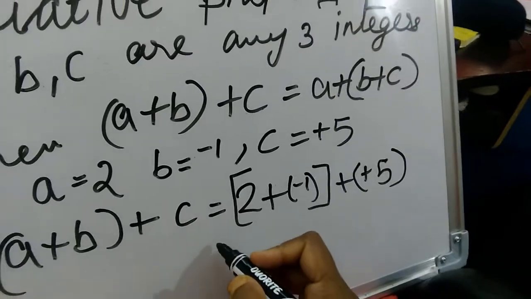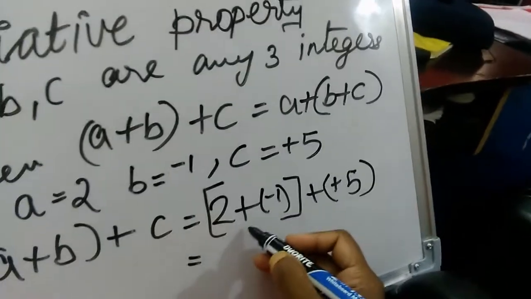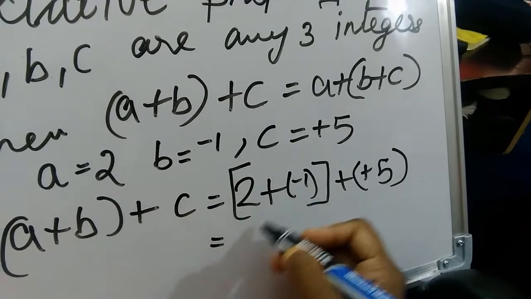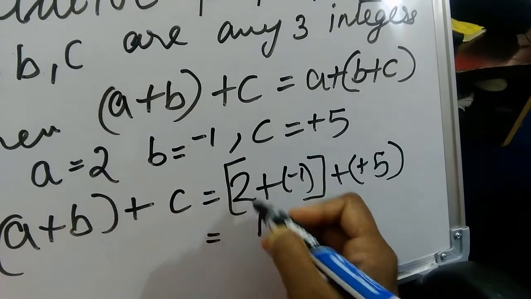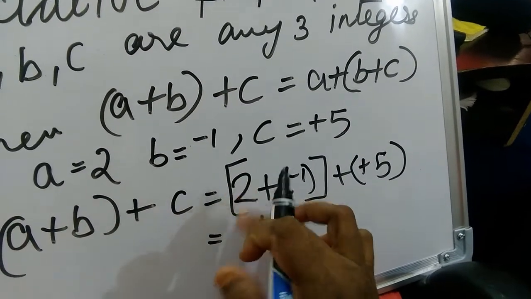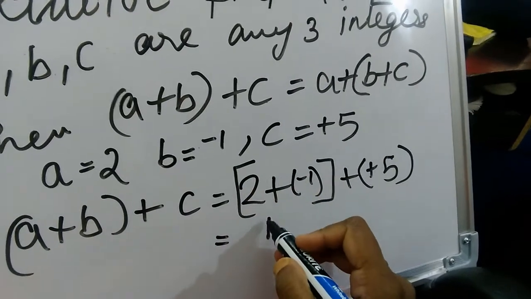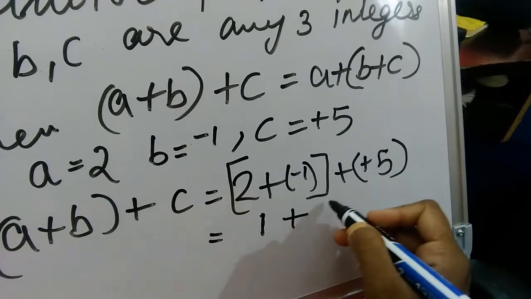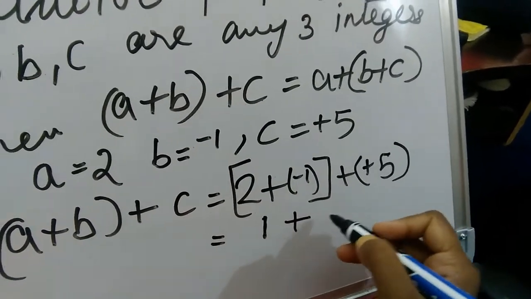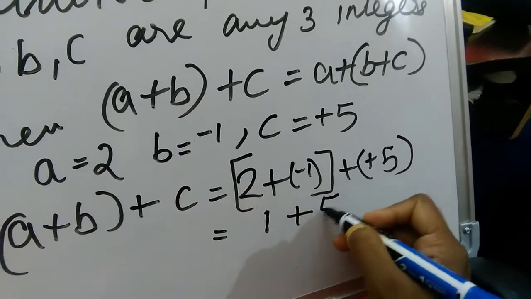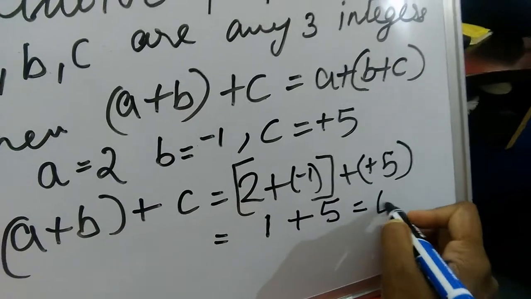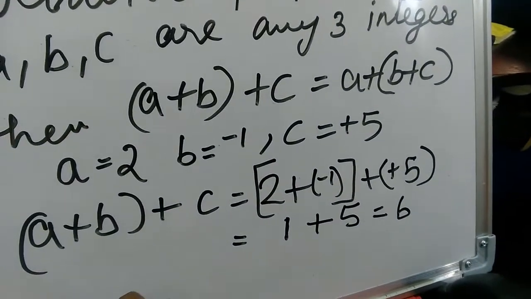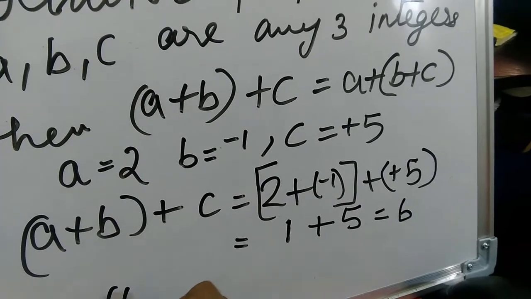So first we do the bracket. 2 plus -1, we will get 2 minus 1, 1, and the sign of the bigger number without seeing the sign is positive. So 1 plus 5, the answer will come 6. Now RHS side, a plus (b plus c).